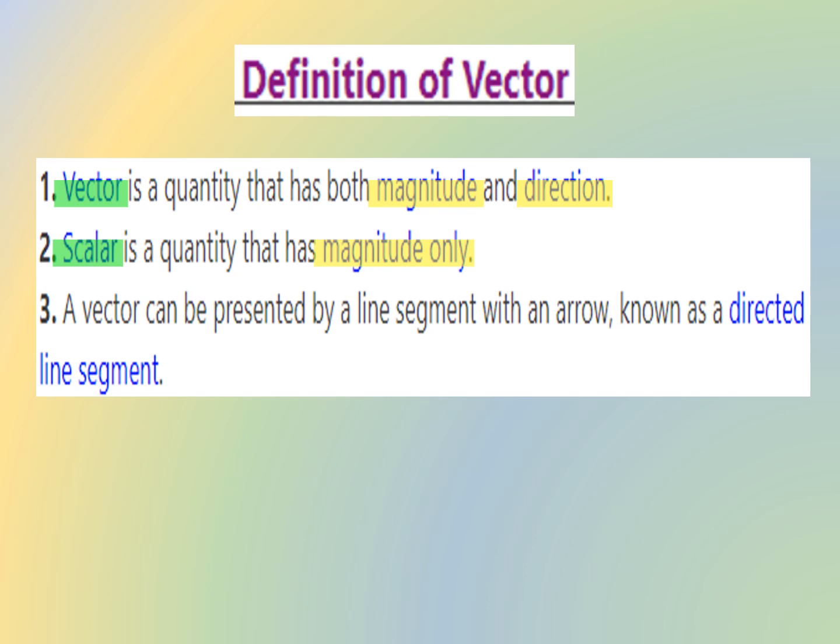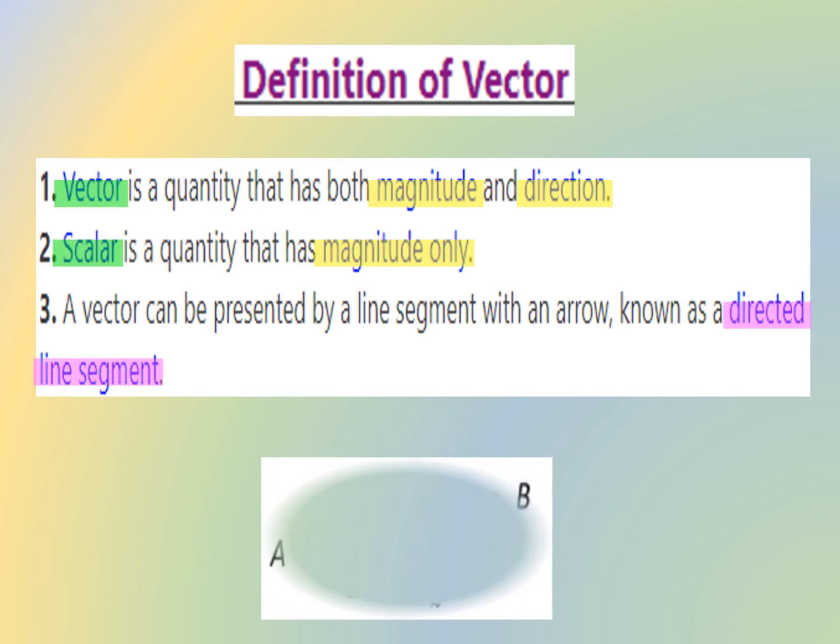A vector can be presented by a line segment with an arrow known as a directed line segment. The diagram shows a directed line segment AB which shows direction from A to B. Thus, this is vector AB.